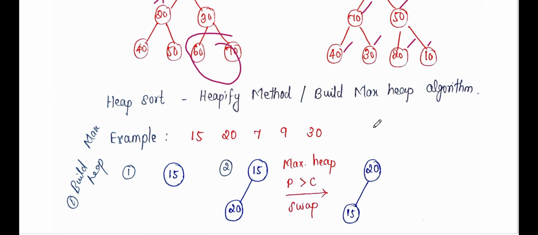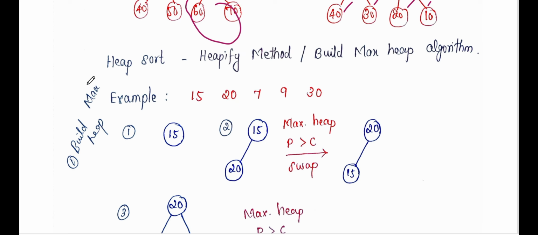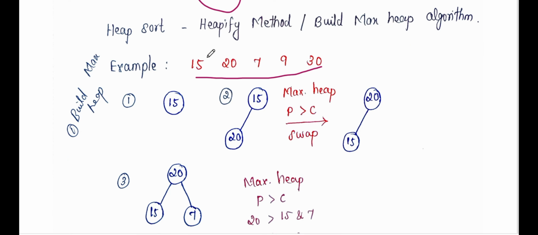I will explain with one example. The first step is to build the max heap. This array contains 5 elements. What is the first element in the array? 15. So we take this 15 as the parent node.